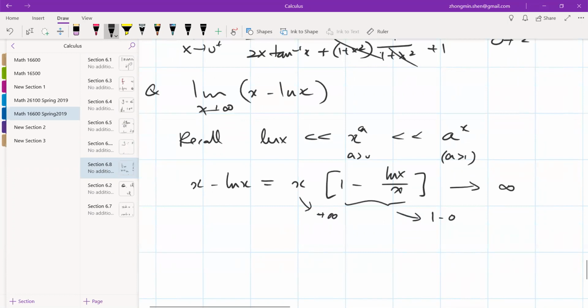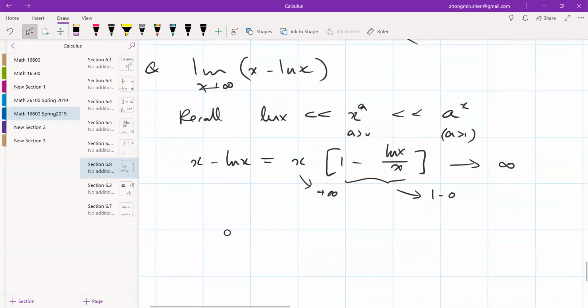Then, I didn't use L'Hopital's rule. I cannot use L'Hopital's rule here. It's not a good idea to use it. But I'm modifying the function so I can see the limit. I can convince other people this is my correct answer.